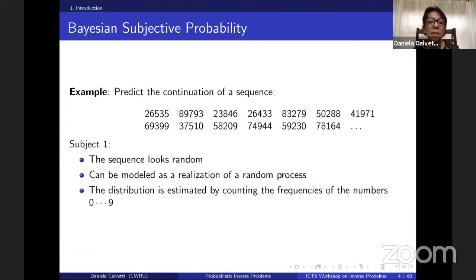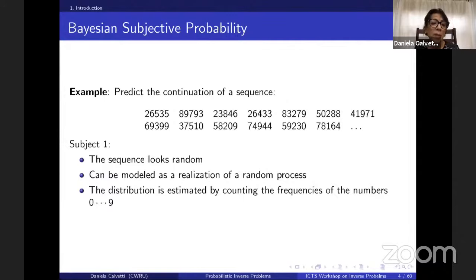The first subject says, well, this looks like a random sequence. There is no real connection between these groups of 5 digits. So the subject resorts to the idea of modeling this as a realization of a random process.